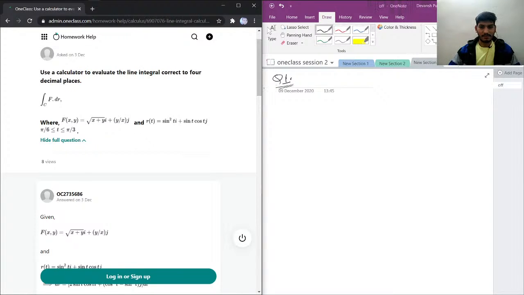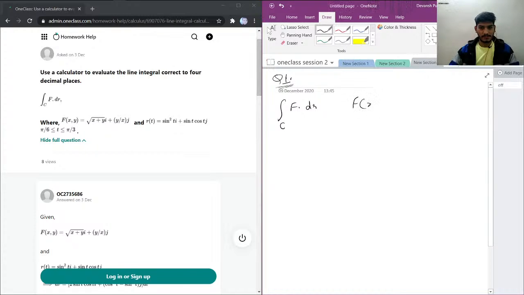So we have the function, line integral over curve C of F dot dr, where F is equal to square root of x plus y I plus y over x j.